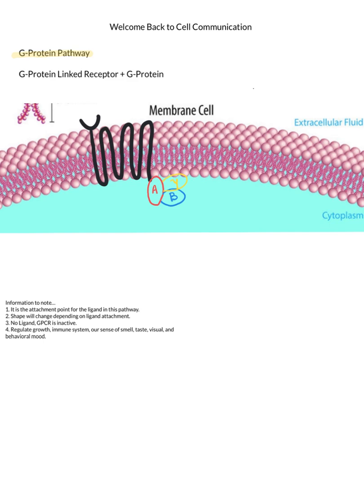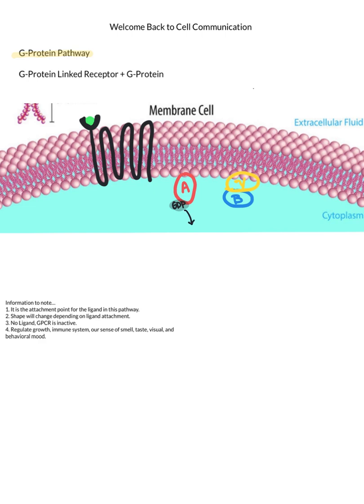Now let's do some practice with a ligand present. When a ligand attaches and phosphorylates the protein, the G protein alpha subunit exchanges GDP for GTP. The alpha subunit dissociates from the beta and gamma subunits and triggers a cellular response. GTP is hydrolyzed to GDP and the signaling molecule comes off the receptor.